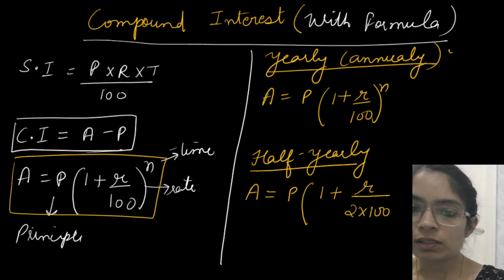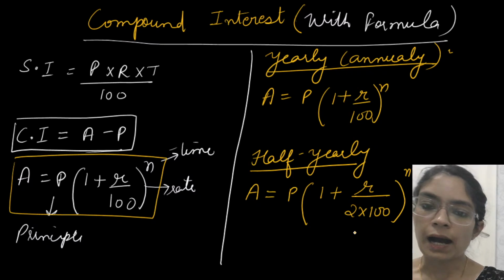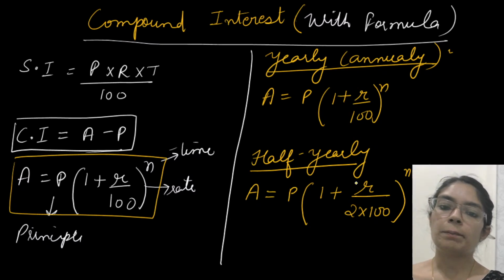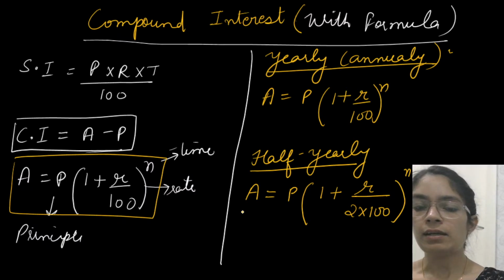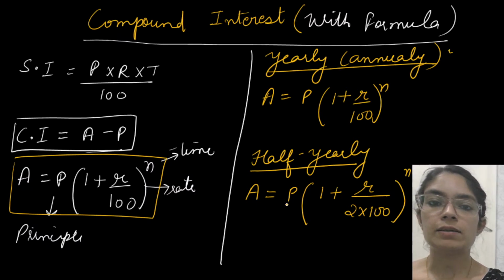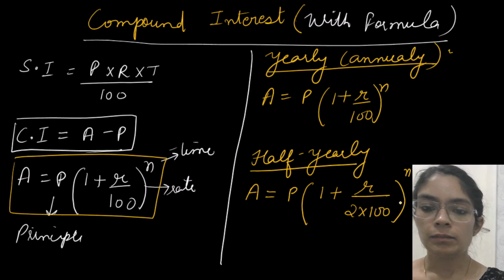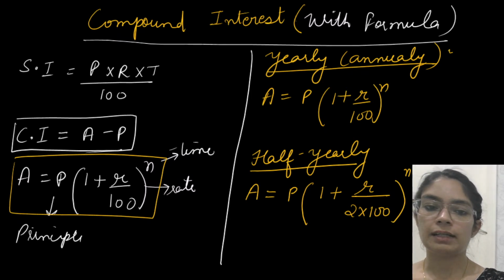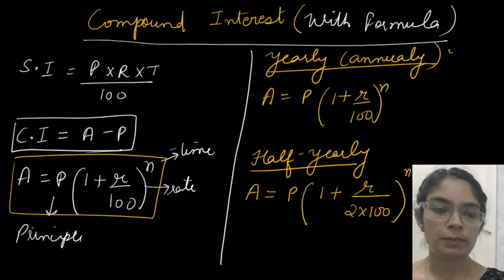So R you will divide by 2 and N you will multiply by 2. So when compound interest is compounded half yearly, the formula of amount is A equals P into 1 plus R by 2 into 100, power N into 2. I hope formulas are clear and you have made a note of them as well.